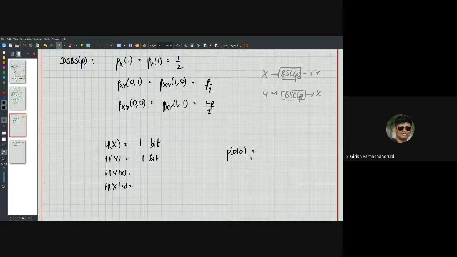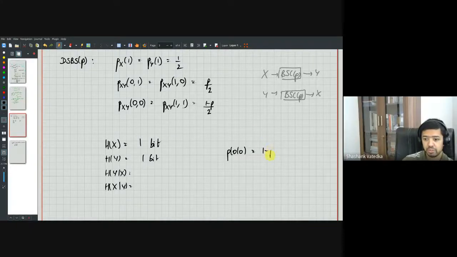It's going to be 1 minus p. What is P(1|0)? It should be p.